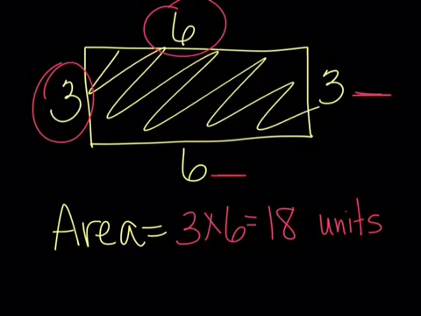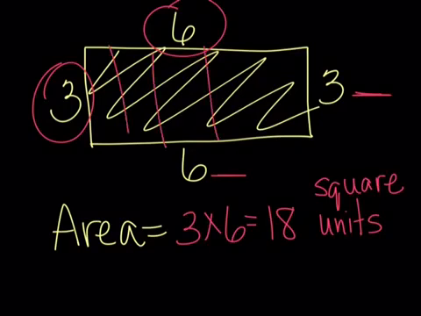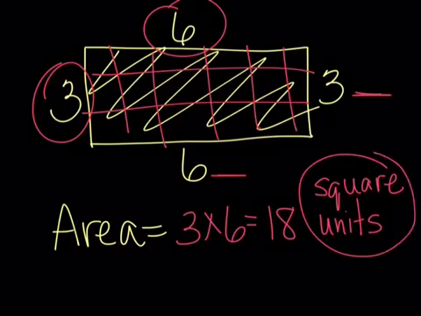Because it's like an array, we're talking about square units. So this is 18 square units because that's how many squares it would take if I were to count them all. So that's where you get square units. So in area, it's square units, and in perimeter, it's just plain units.